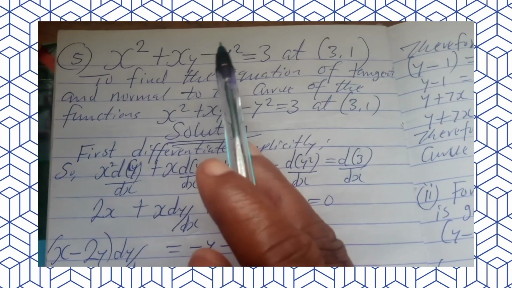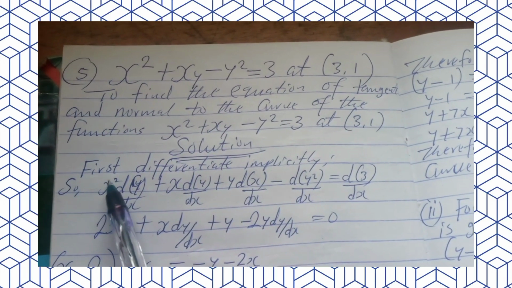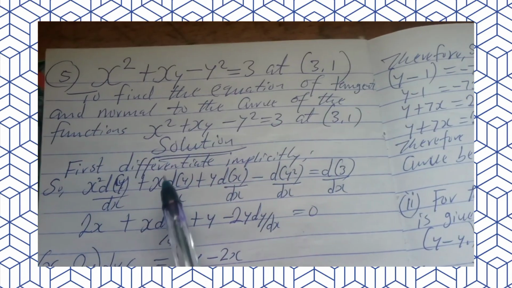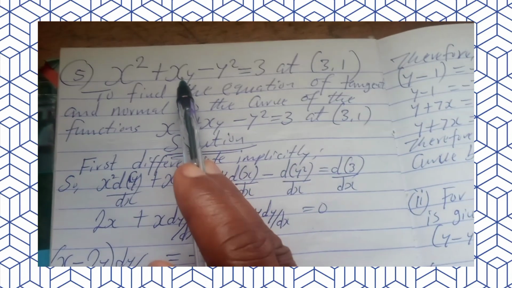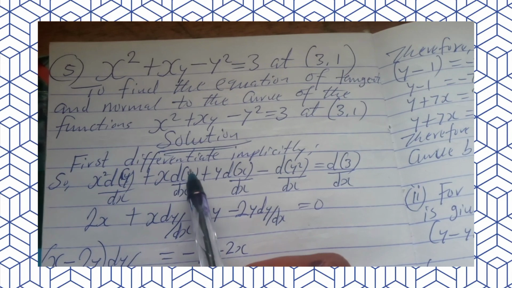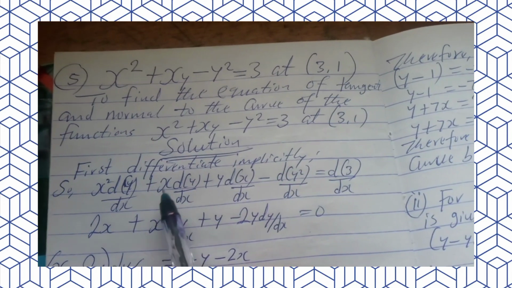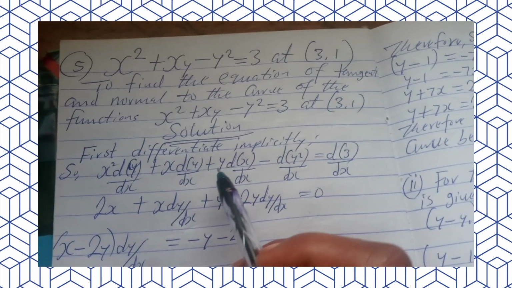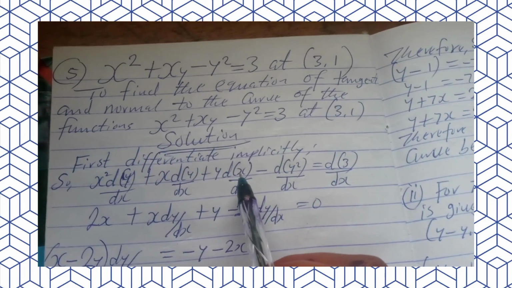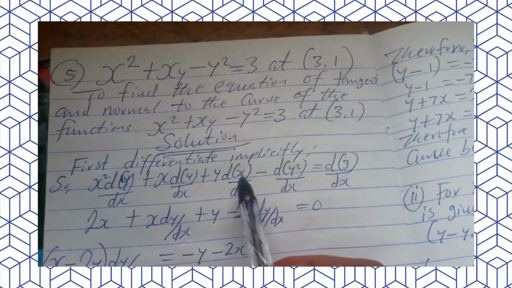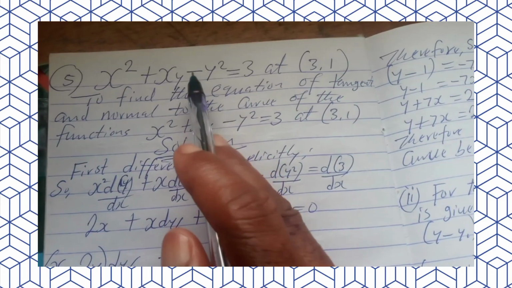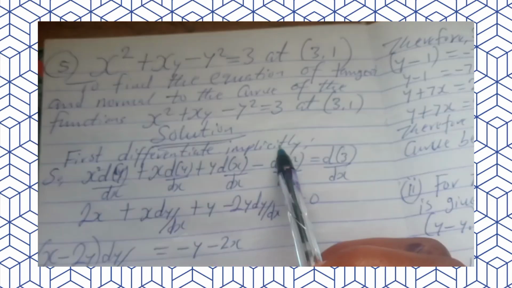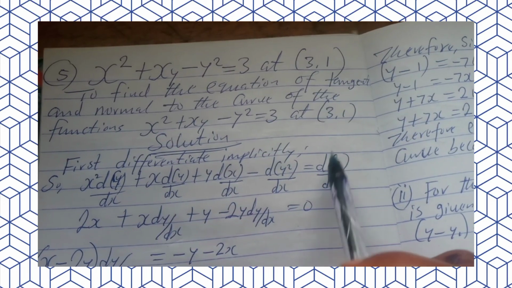So let's look at how to differentiate it. We differentiate x squared with respect to x, then plus, there is a plus in between, then we differentiate xy, then after that minus, we differentiate y squared, then equals to, we differentiate a constant.